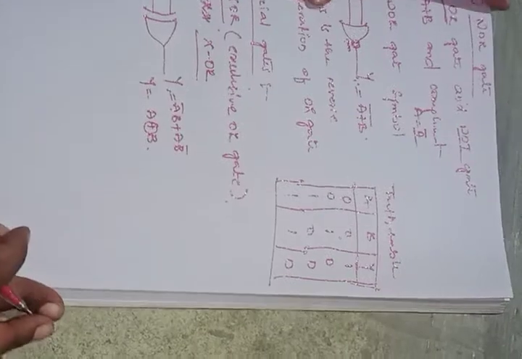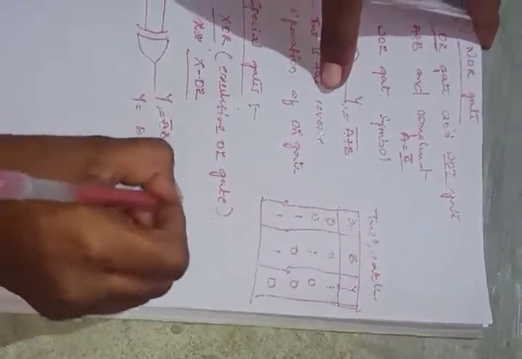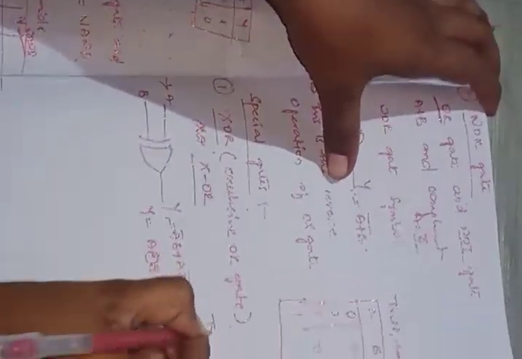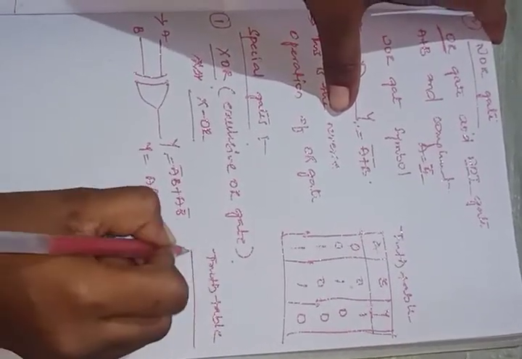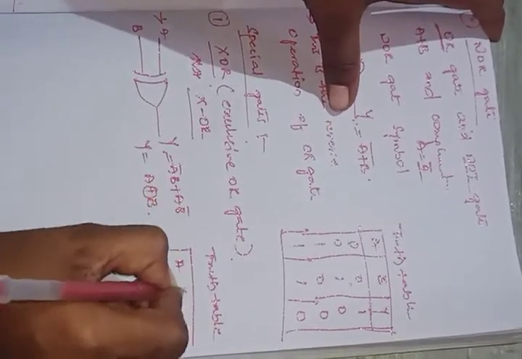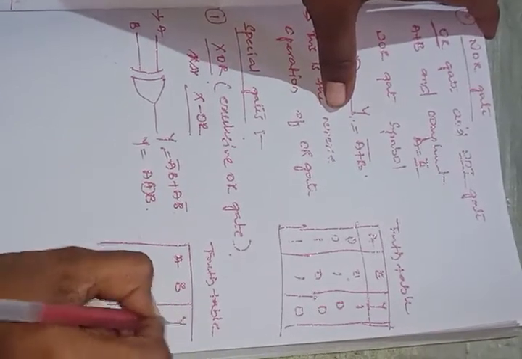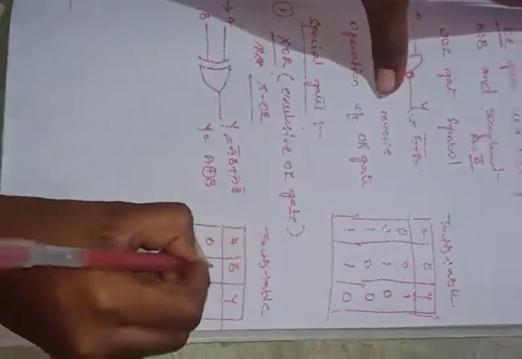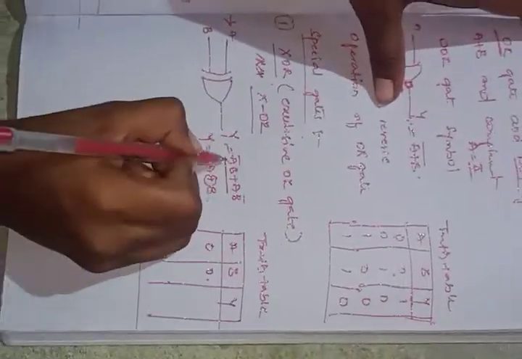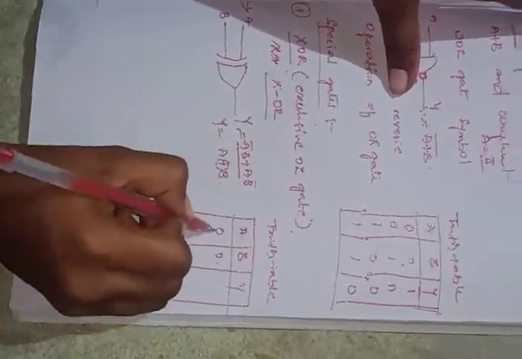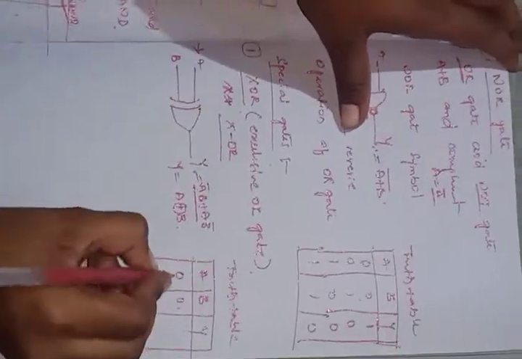Now we have to write the truth table: A, B and Y. When we take inputs A is 0, B is 0, then here we have the formula of A bar B plus A B bar.